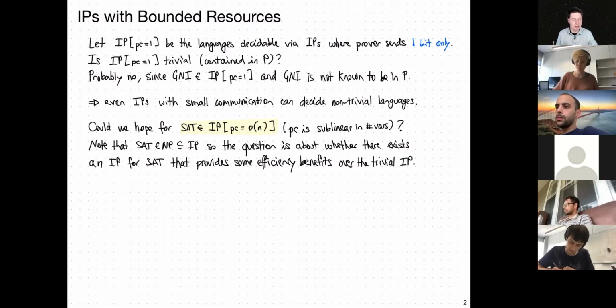But in all of those cases, the prover was still sending at least n bits to the verifier. So what if the question was purely, is there a satisfying assignment or not? And subsequently, when we worked with PSPACE and TQBF, again, the communication complexity was at least n.